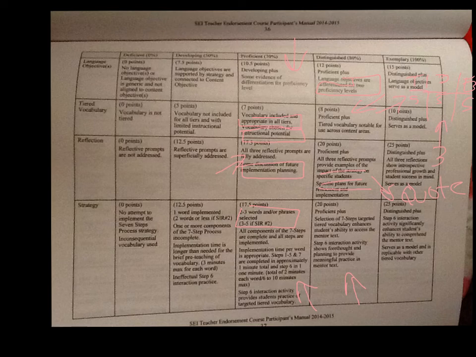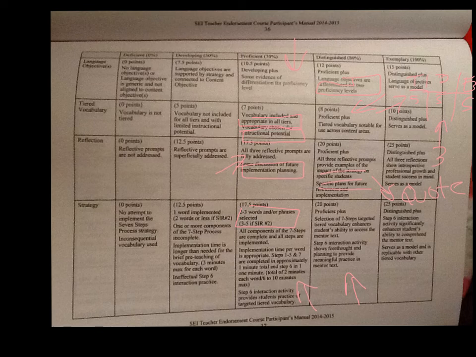So what we were going over in class, go through the 7 steps, tell me the words you picked, give me the definitions you chose, give me the student friendly definition, give me an example of what the students said back and forth. Show me how you actually explained it to the students. Since I'm not in your classroom and I can't see what's going on, I'm going to have to go by what you give me as your script.